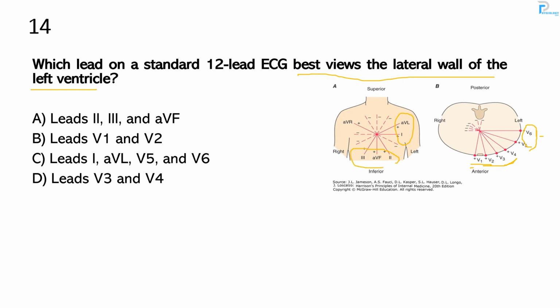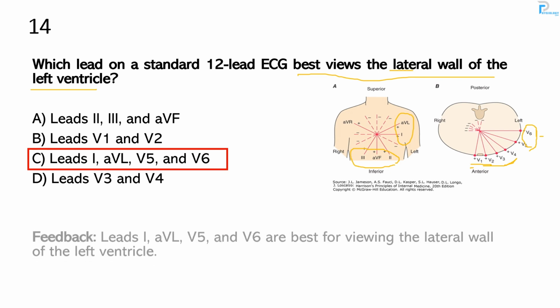Lateral surface, V5, V6, lead 1 and aVL. Anterior surface, V3 and V4. Septum is V1 and V2. So which lead is looking at the lateral wall? The correct answer here will be C, lead 1, aVL, V5 and V6.